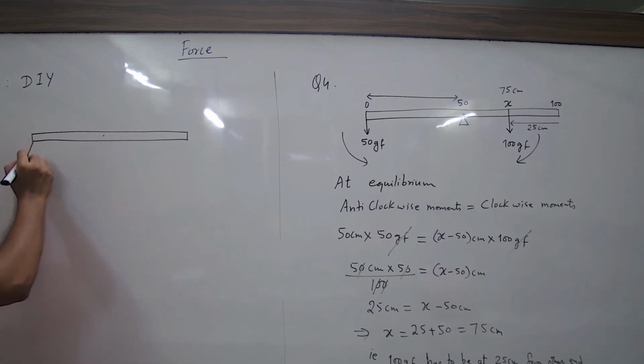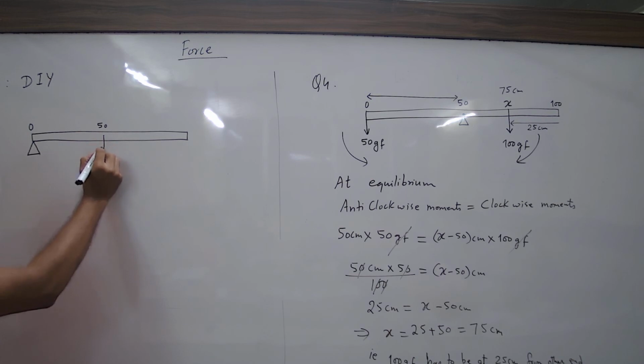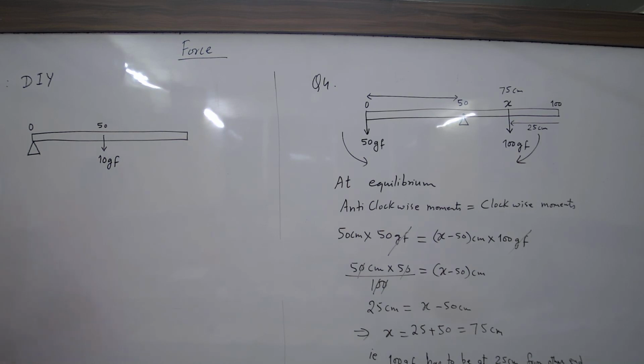Now what is given in the question is that it is pivoted at the 0 mark itself, and the weight of the scale is 10 GF. That means where will it act? The weight of the scale will act here at 50. This is the situation.